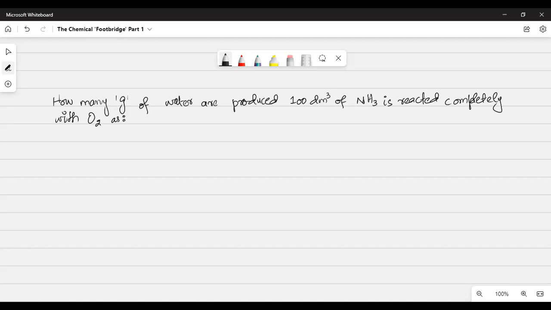I'm already going to write a balanced chemical equation for you so that you don't have to waste your time with it. You can simply work out the values and let me know the answer. How many grams of water are produced when 100 decimeter cube of ammonia is reacted completely with oxygen? There you go. Take your time.